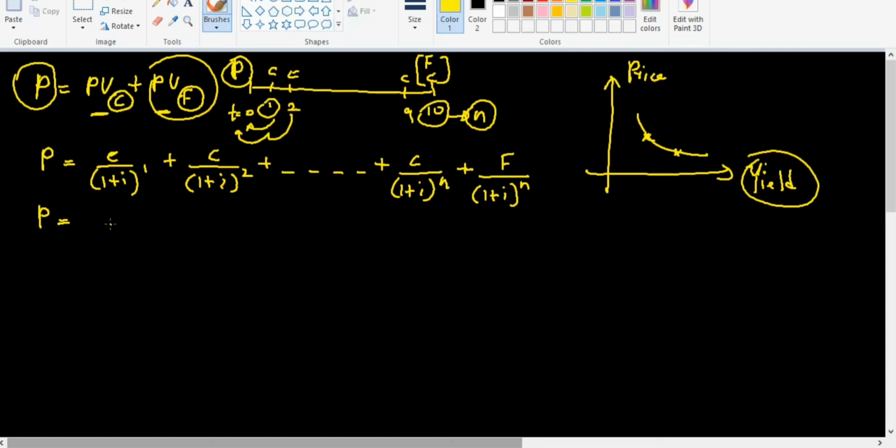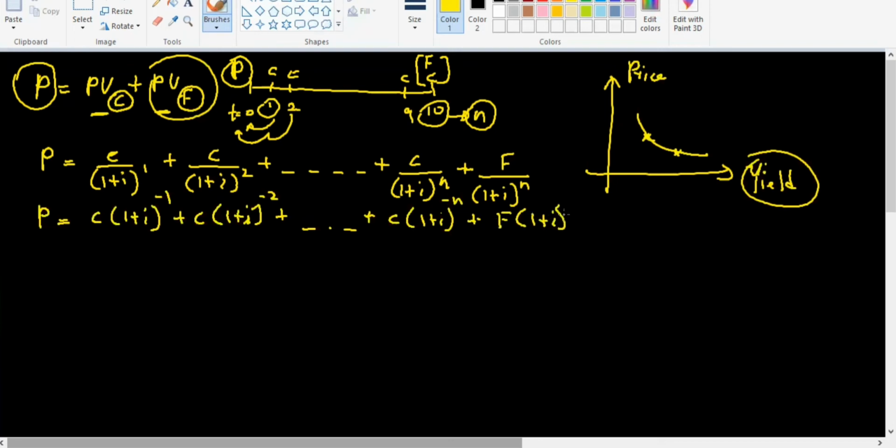So I can rewrite this as C times (1 plus I)^-1 plus C times (1 plus I)^-2, and similarly up until the nth payment, C times (1 plus I)^-n, and finally F times (1 plus I)^-n. These factors are similar, since this is the final payment, right?